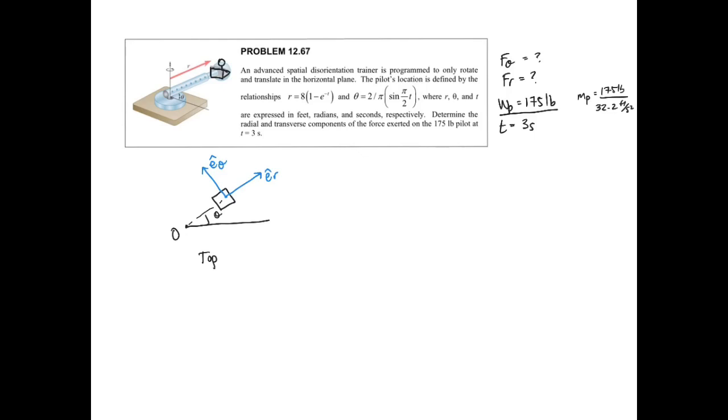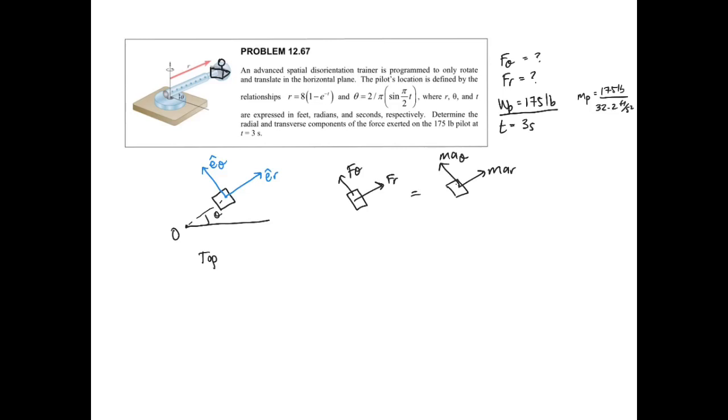Now if I draw the free body diagram, still from the top view, we would have the pilot who's getting tested here. Then we would have the force in the transverse direction and the force in the radial direction, equal to the mass times acceleration in the radial direction and mass times acceleration in the transverse direction.